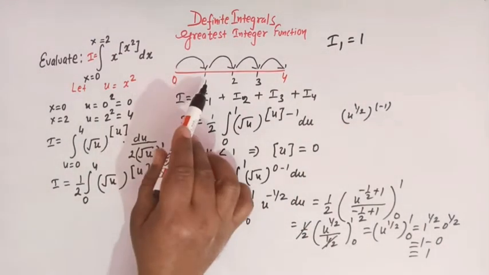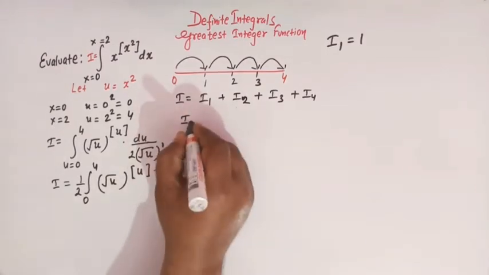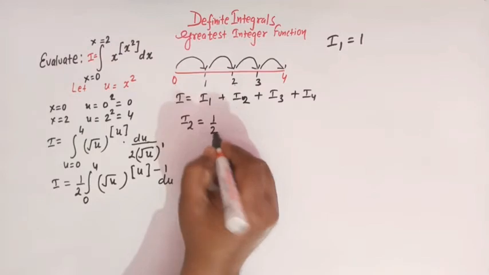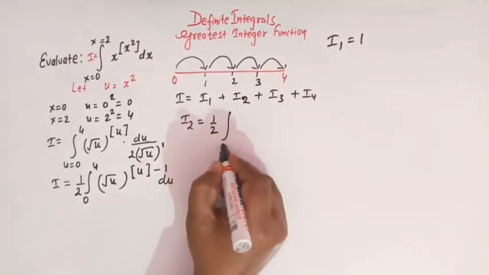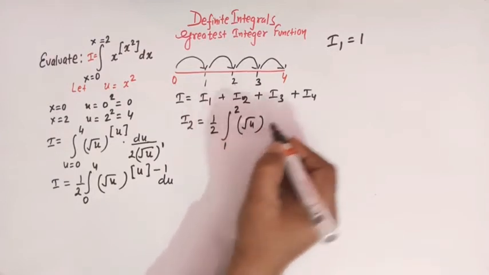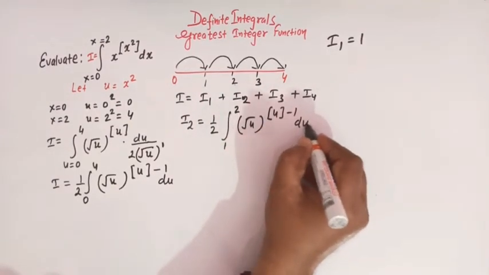Now let us calculate the value of I2. I2 varies from 1 to 2, so we can write half, integral from 1 to 2 of square root of u raised to greatest integer u minus 1 du.